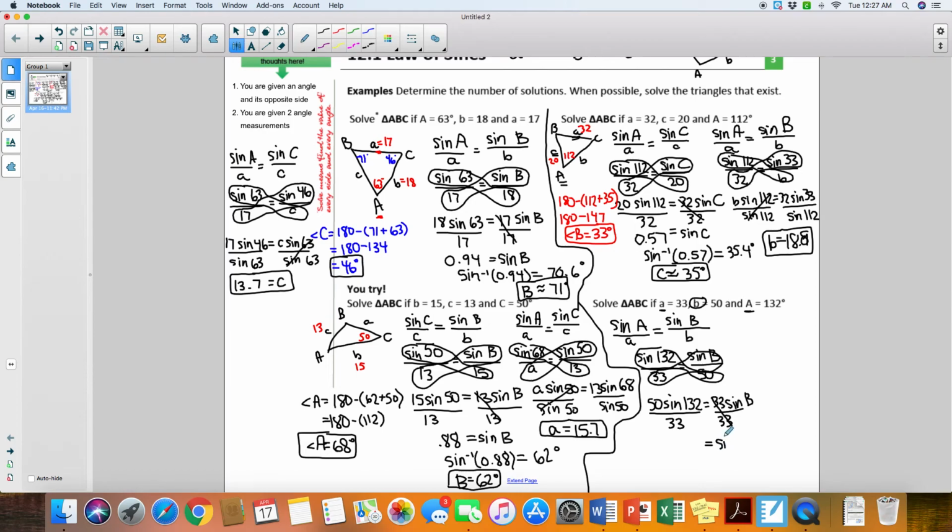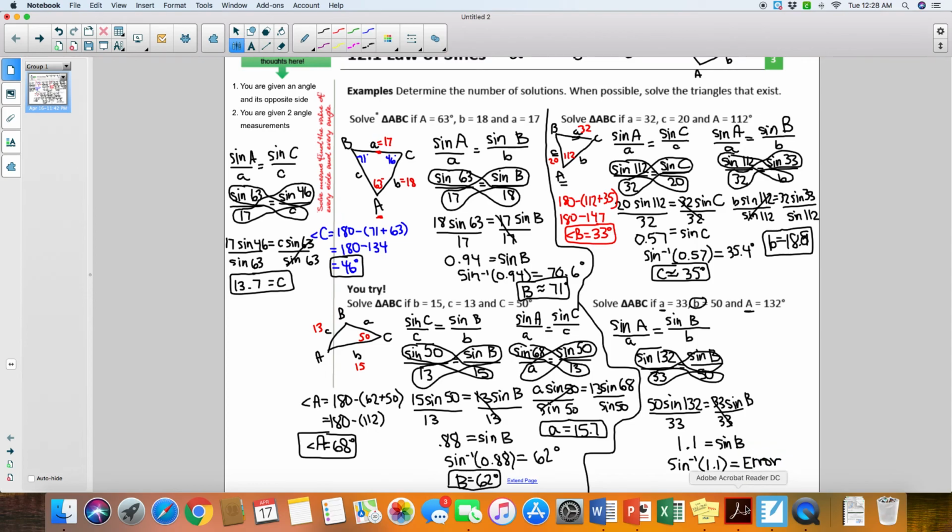On this side, you would have been left with sine of B. All right, and then of course, I would have typed that in my calculator, 50 sine 132 divided by 33. And I would have gotten 1.1. All right, so if you try to do sine inverse of 1.1 in the calculator, you would have gotten an error.